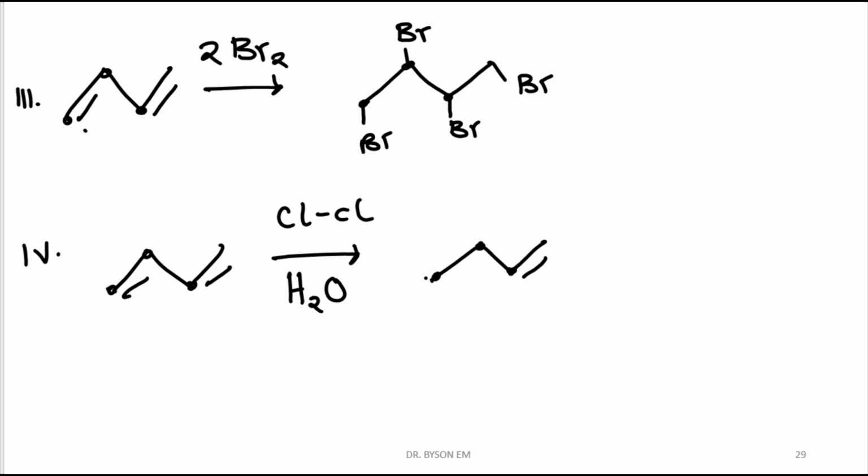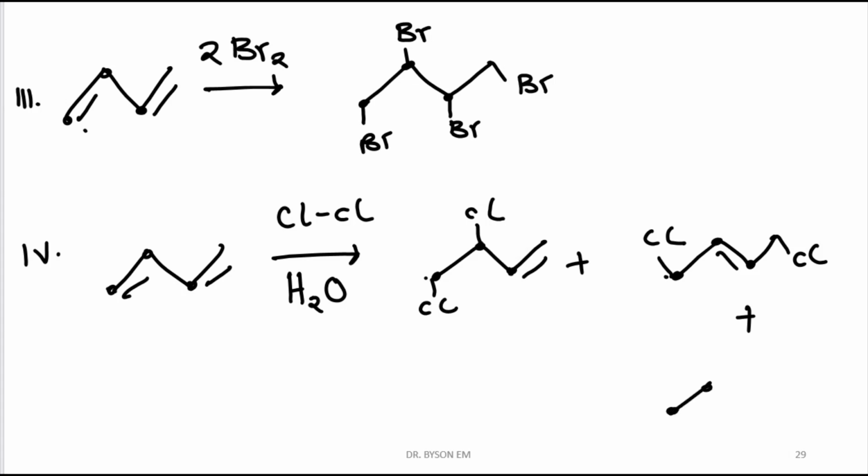So you either have this, or you have a 1,4. Or you have here chlorine, and you add an OH from water here. So those are the three products that you would expect in this reaction.